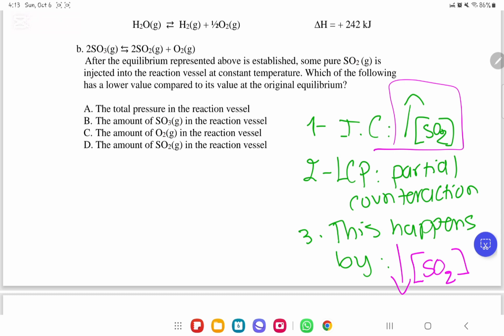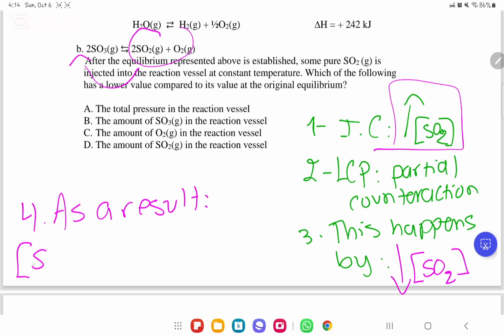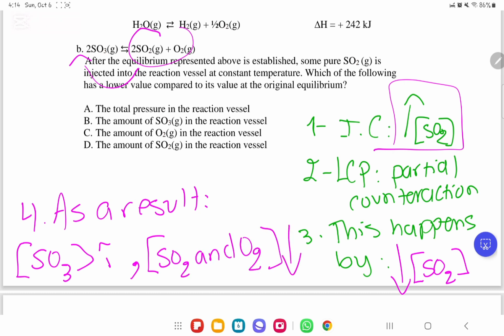If we are decreasing the concentration of SO2, it will have to give some of its concentration to the opposite side, which is the reactants. So consequently, as a result, the concentration of SO3 increases, whereas the concentration of SO2 and O2 will decrease.